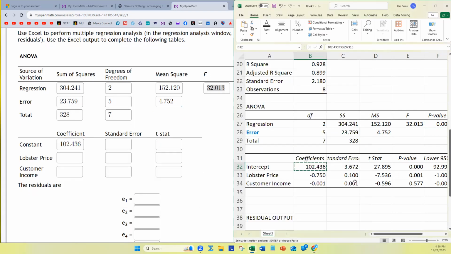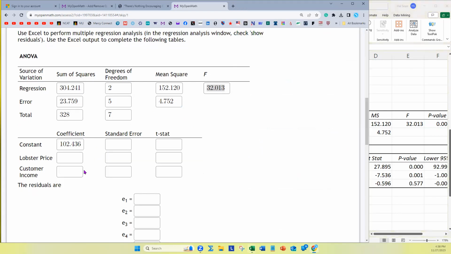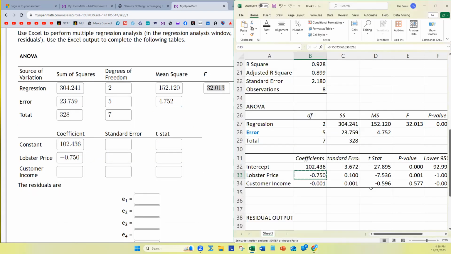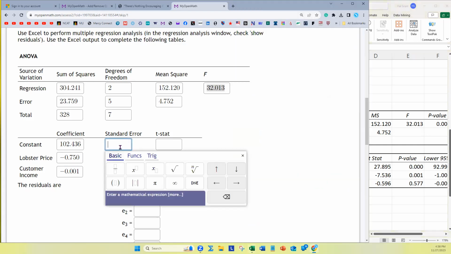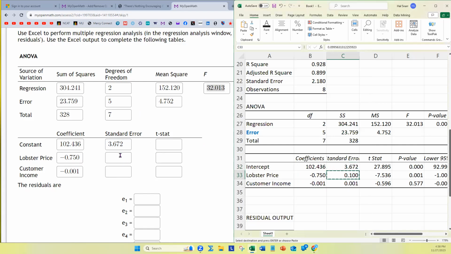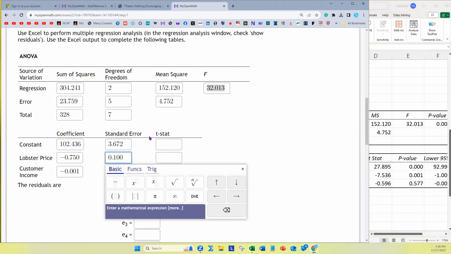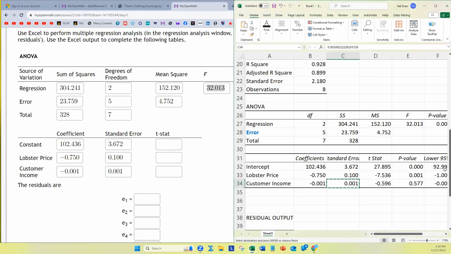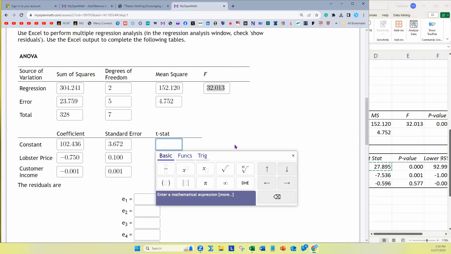Our intercept, the slope coefficients, the corresponding standard errors, and then you take the ratios of those pairs, you get the t statistics.